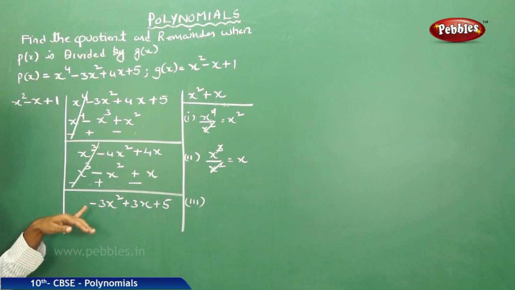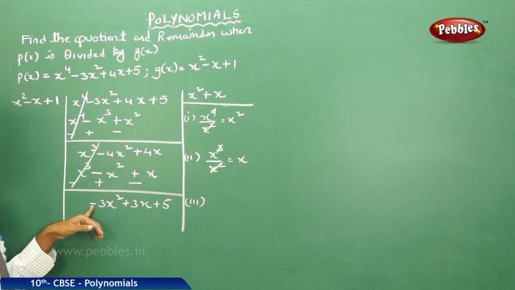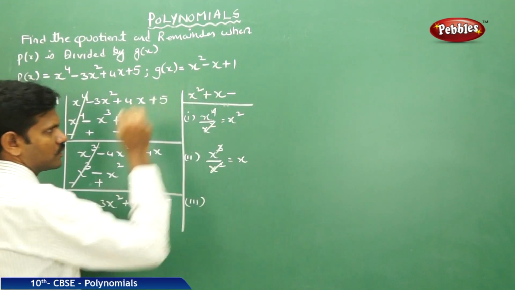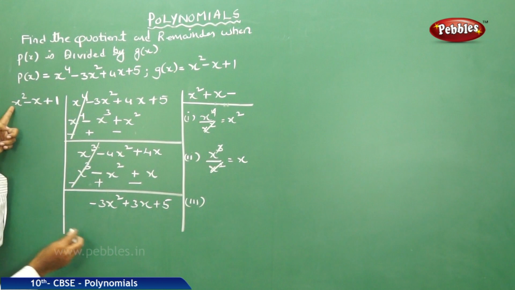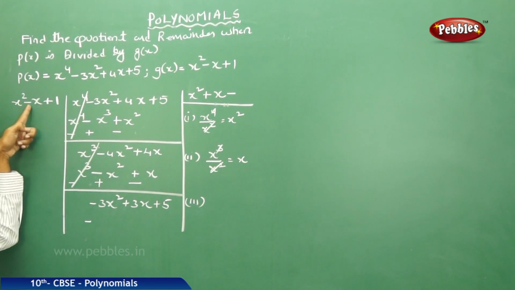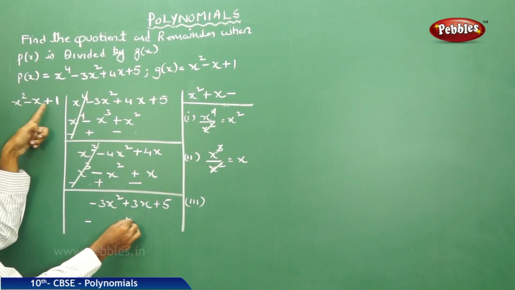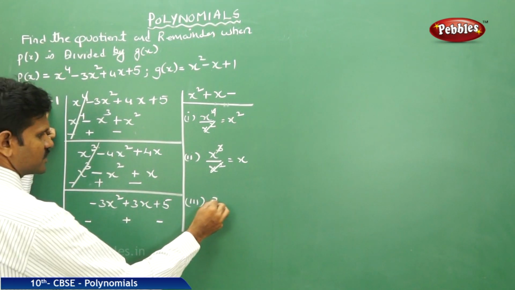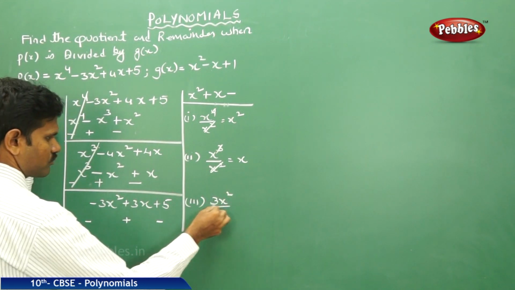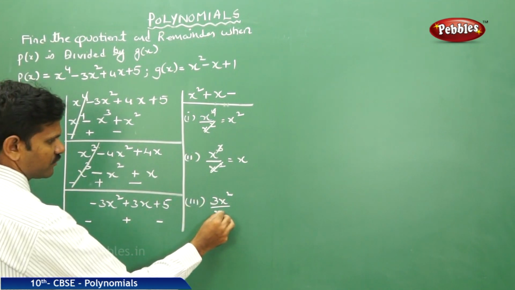Third cancellation. Whenever you have a minus symbol here, immediately that symbol will be shifted here, and then change the sign of this one, the total sign. There is a plus, write the minus. Minus is there, write plus. Plus is there, next minus. Now third cancellation, 3x square by x square.